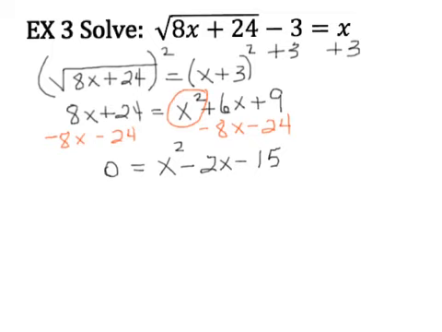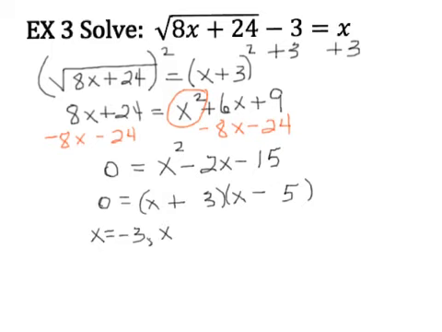And then we're going to factor. And I know that factors of 15 that are 2 apart are 3 and 5. And that this one needs to be negative and that one needs to be positive. So x is equal to negative 3 or x is equal to 5.